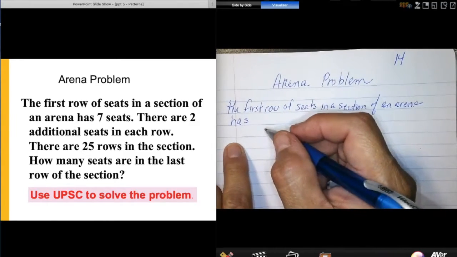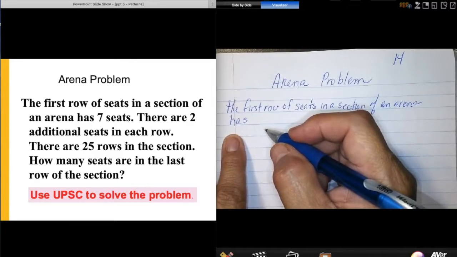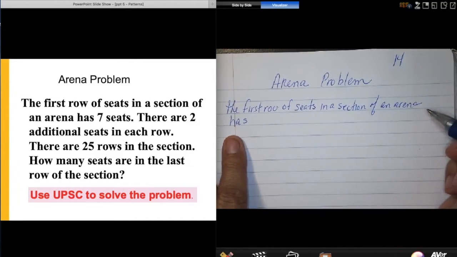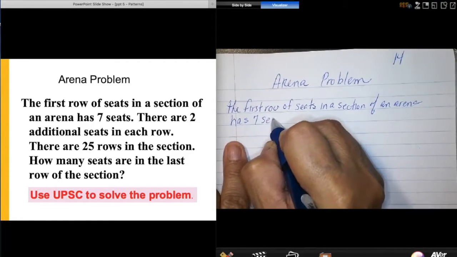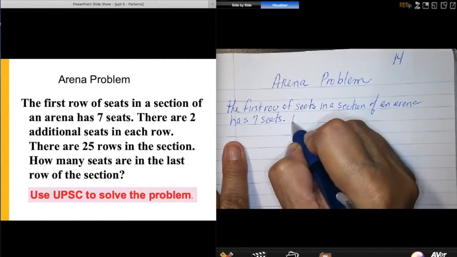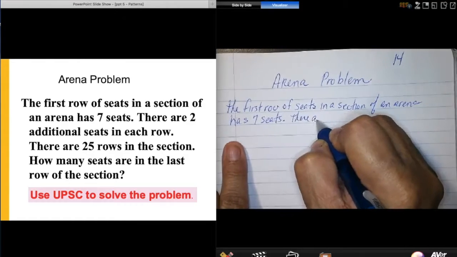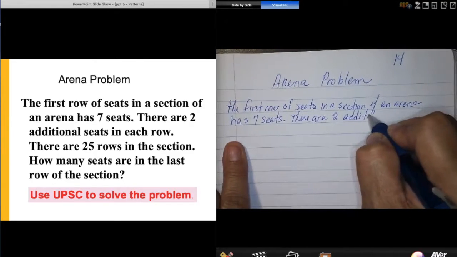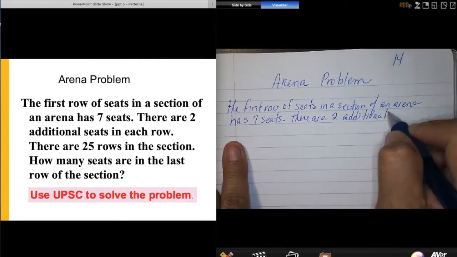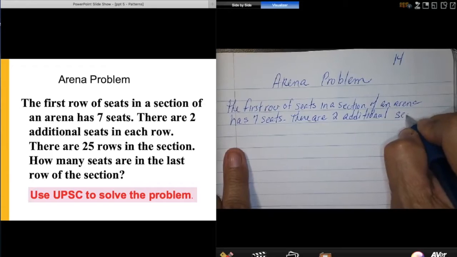There are 25 rows in the section. How many seats are in the last row of the section? Remember that if you need additional time to copy down the problems, feel free to pause the video.